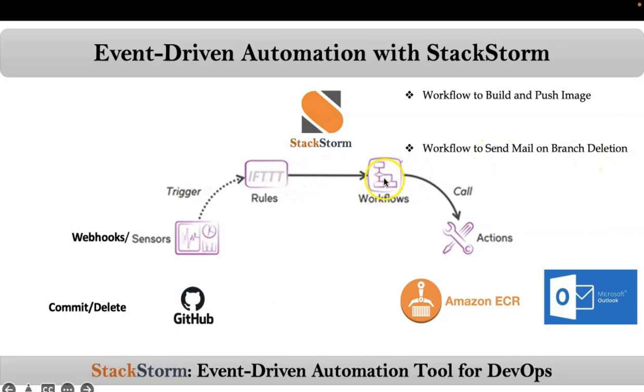Workflows internally call actions, and actions are nothing but individual tasks in your automation. For a workflow to build and push an image, there are different steps like clone the repo, run the build, and push the image to ECR. Each and every step is one action. This is one of the best examples of using StackStorm as an event-driven automation tool in DevOps. Not only in DevOps, we can use it anywhere in our infrastructure as an integration or automation tool.